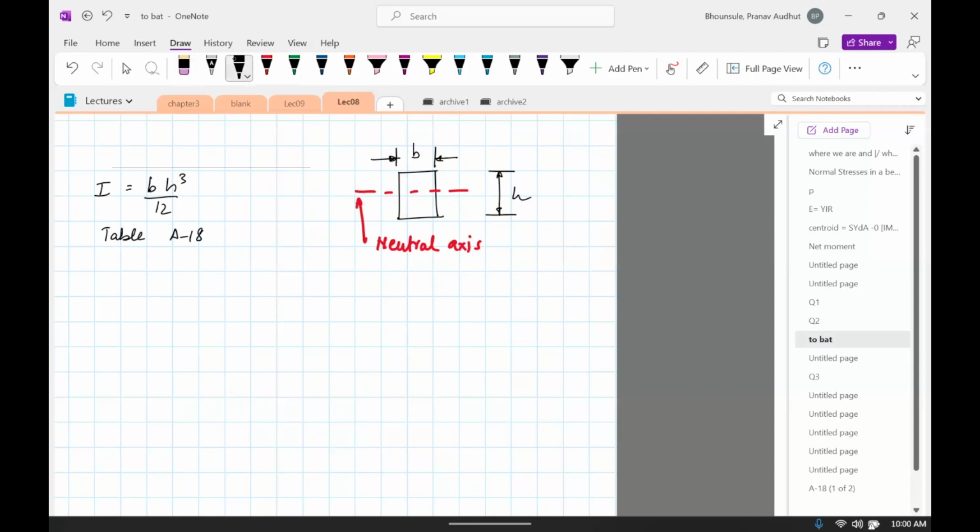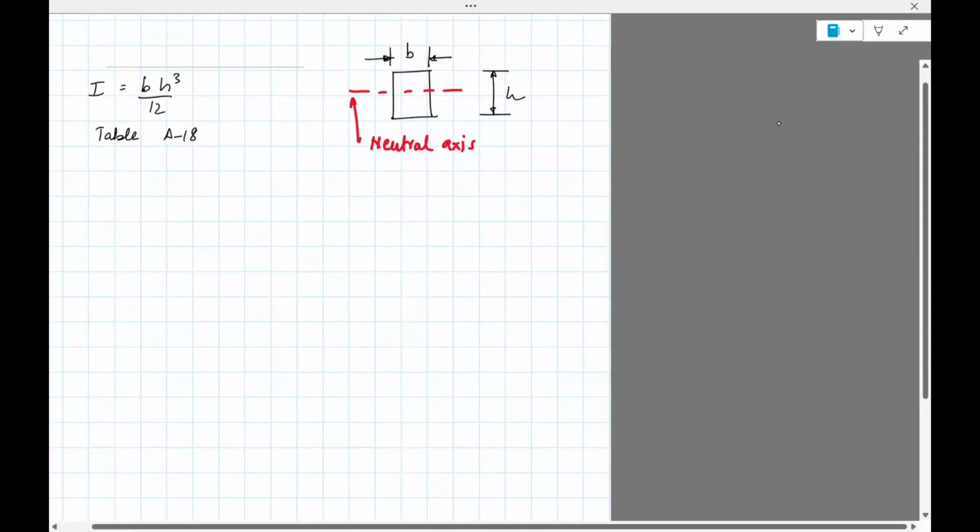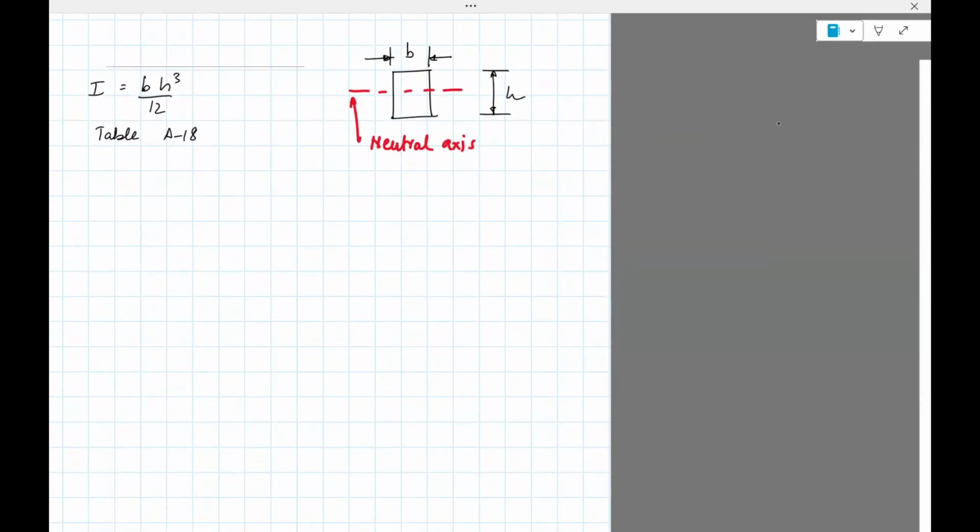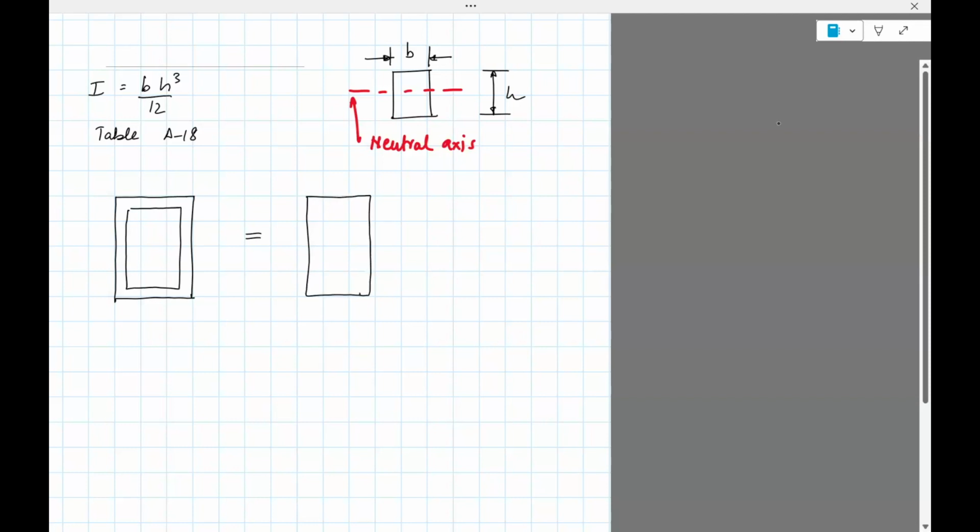Now we're going to attempt to use this formula to compute the moment of inertia of hollow sections. What we do here is we can decompose a hollow section. So let me draw that first, as one solid section minus the inner section.